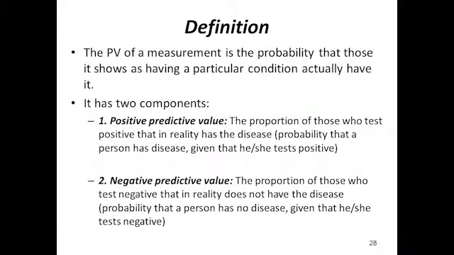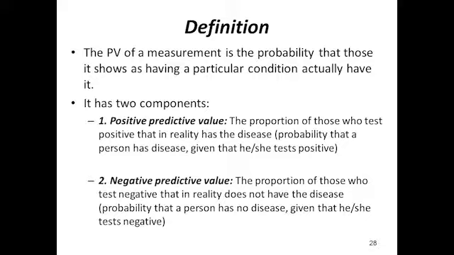Now, the predictive value of a test is the probability that those the test shows as having a particular condition actually have that condition. So it's the other way around. It has two parts. There's what we call the positive predictive value. That is the proportion of those who test positive with your screening test.